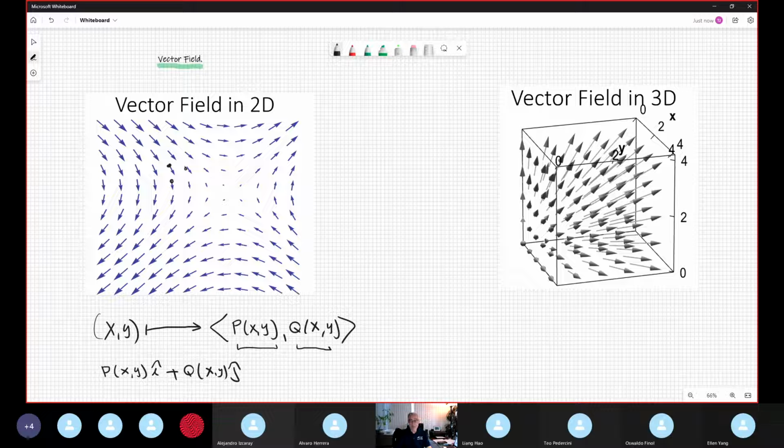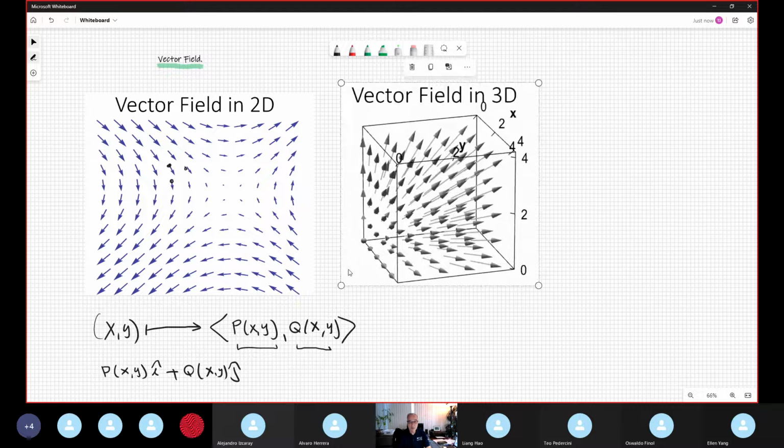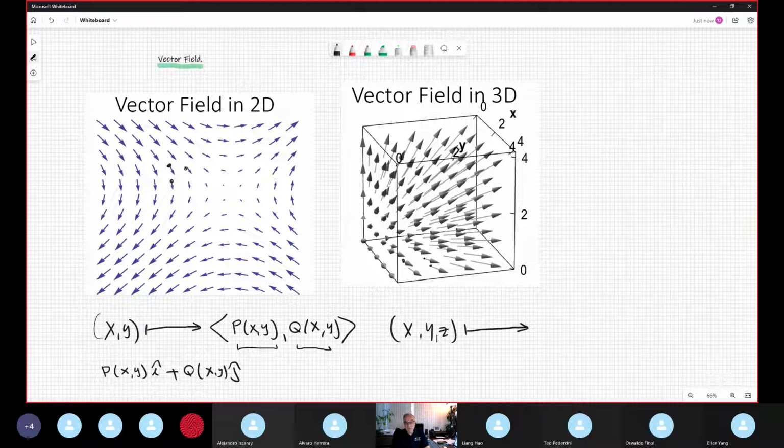Alright, likewise, in 3 dimensions, it is a similar idea. We have any point in 3D. Of course, in 3D we have 3 components, no? x, y, z. And you associate a vector, but this vector is 3D. So we have the function P(x, y, z), Q(x, y, z), and the third component normally is called R(x, y, z).